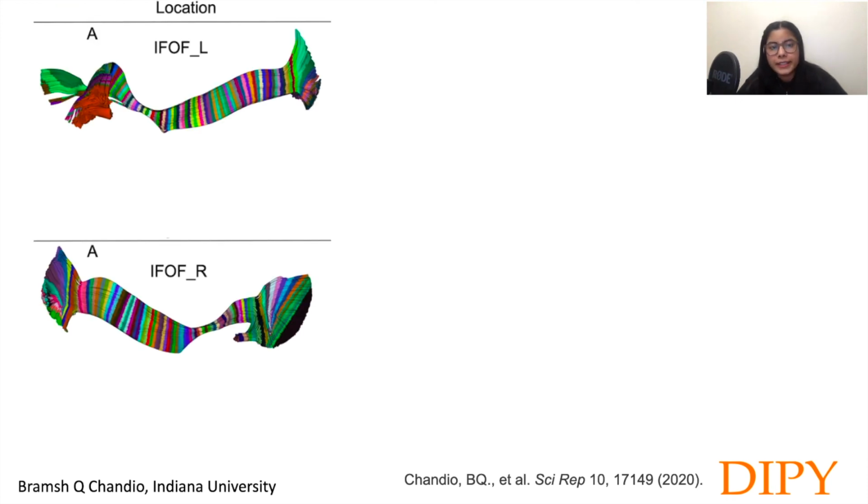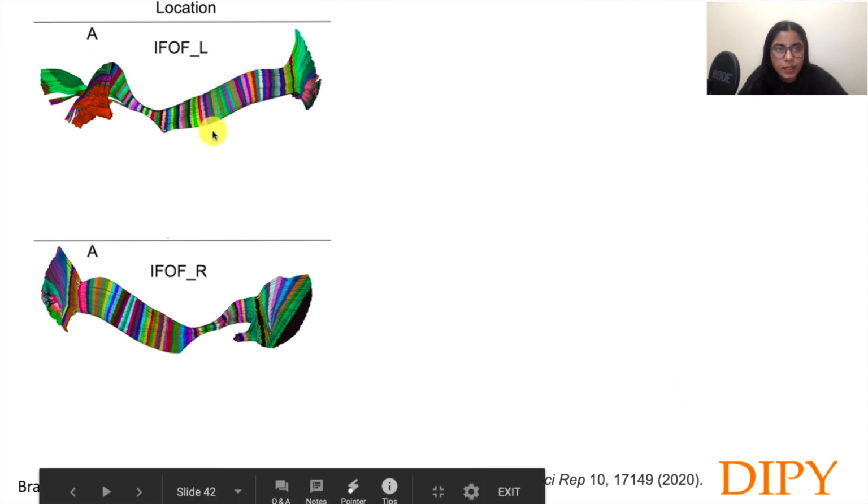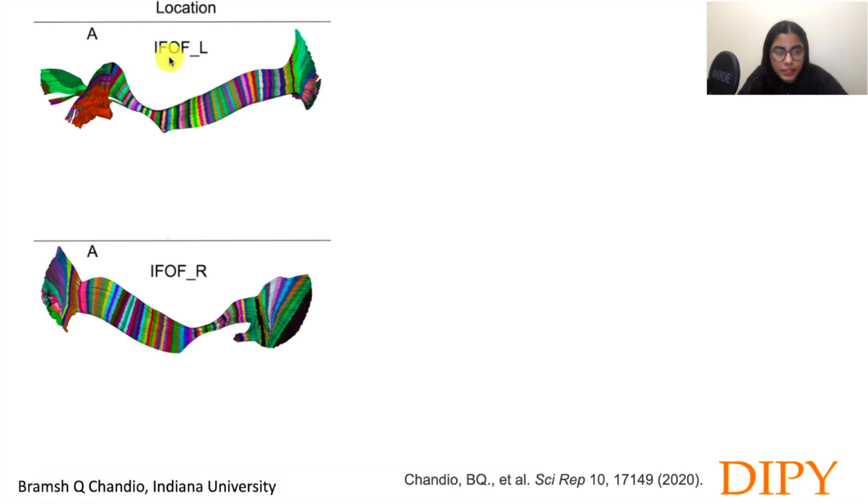Here is the final overview or summary of bundle profile creation and the statistical analysis on those bundle profiles. So first we create these segments. Here we are showing FOF left on the top and FOF right in the bottom, and we have created 100 segments for both bundles.